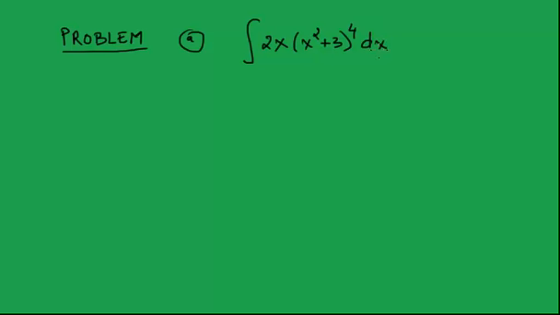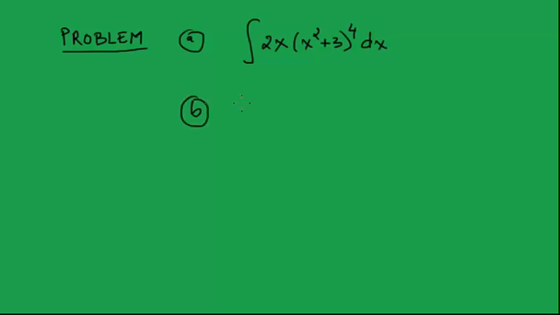So problem. Find these antiderivatives. The antiderivative of 2x (x squared plus 3) to the power of 4 dx. So that's the first antiderivative.